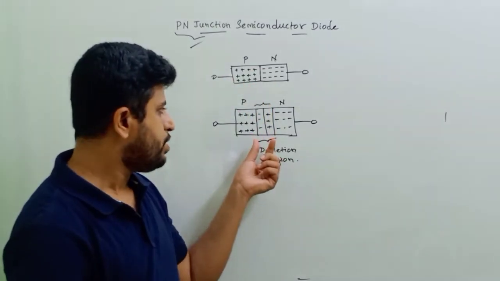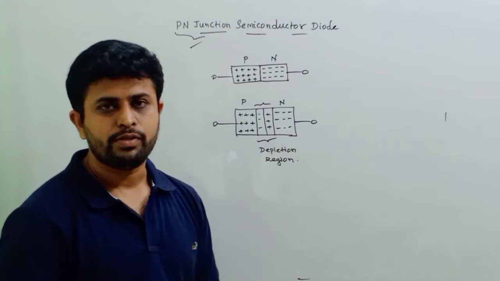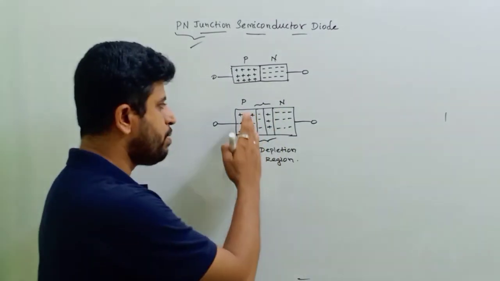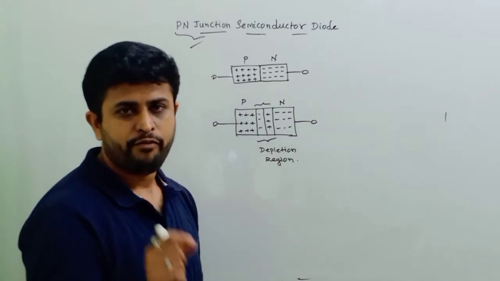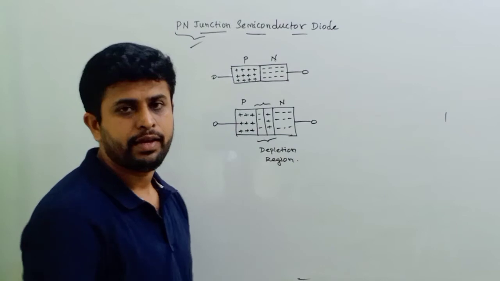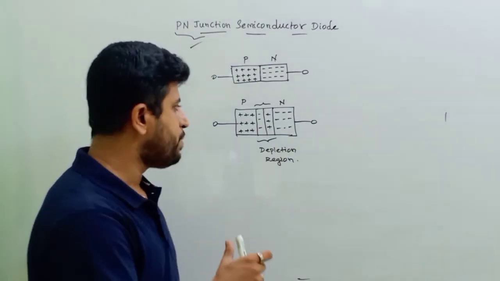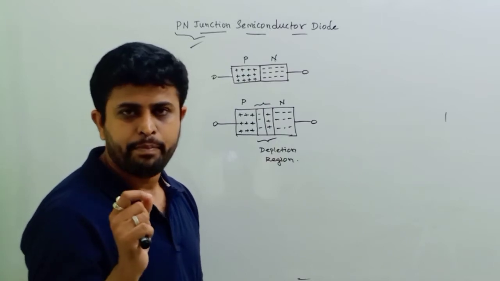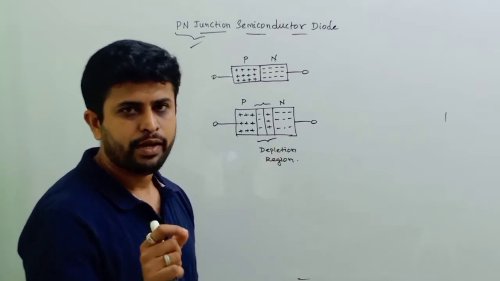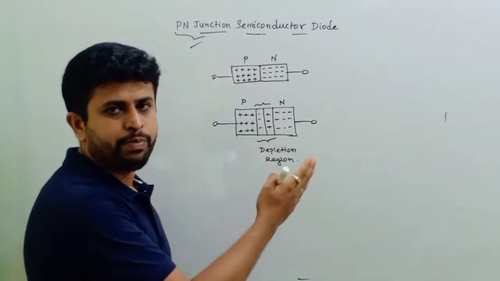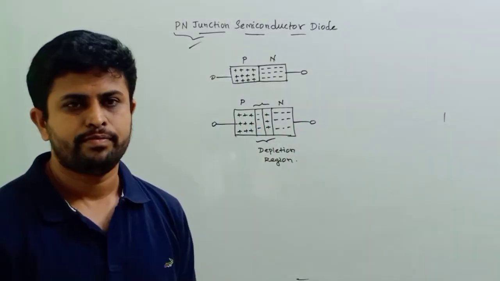Some of the electrons have diffused from N to P, and some of the holes have diffused from P to N, finally leading to the formation of a depletion layer. It not only forms a depletion layer, it provides a barrier potential so that no further charges can diffuse from N to P and P to N.